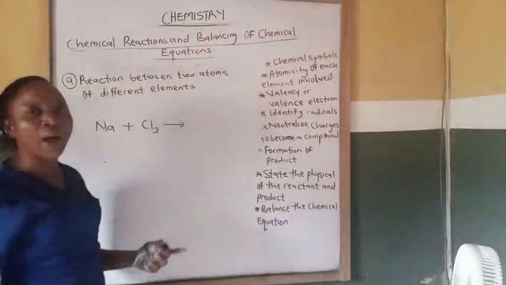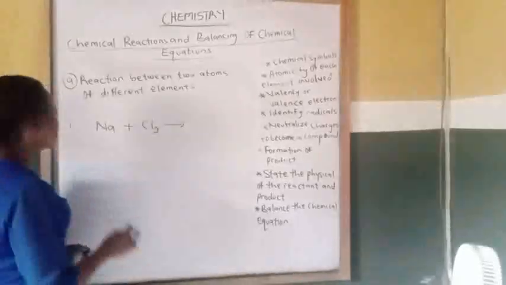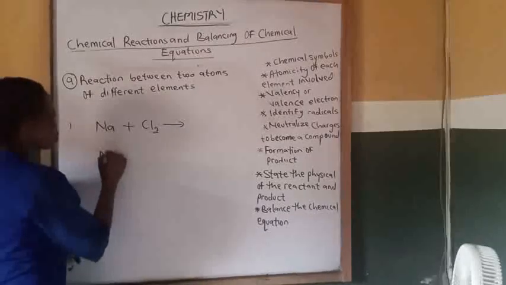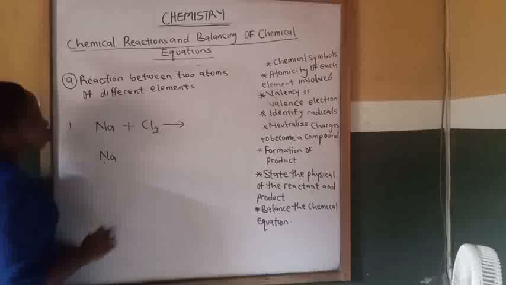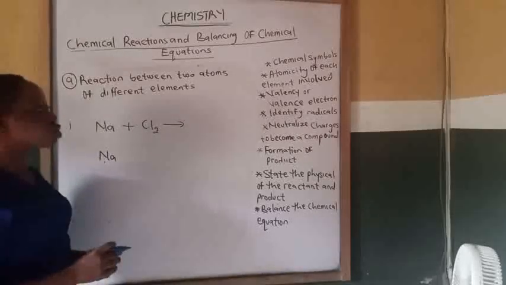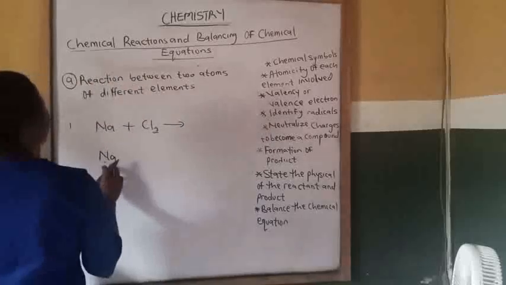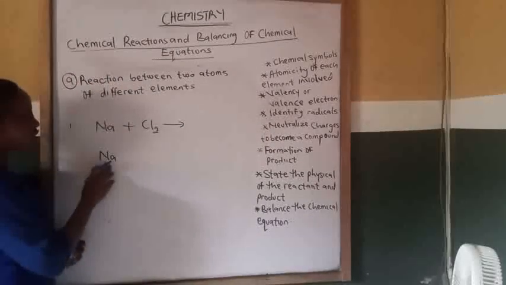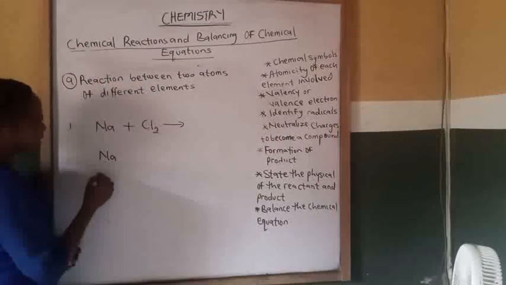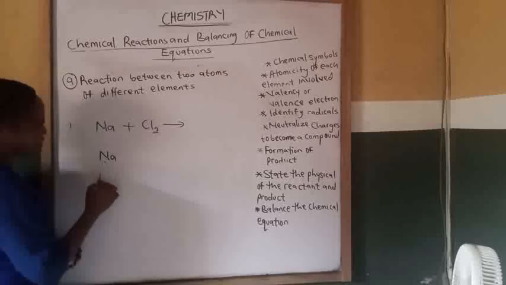So how are we going to form our product now? What is the charge on sodium? I've explained that under valence electrons. The valence electron of sodium will be the charge on sodium. Sodium is number 11.